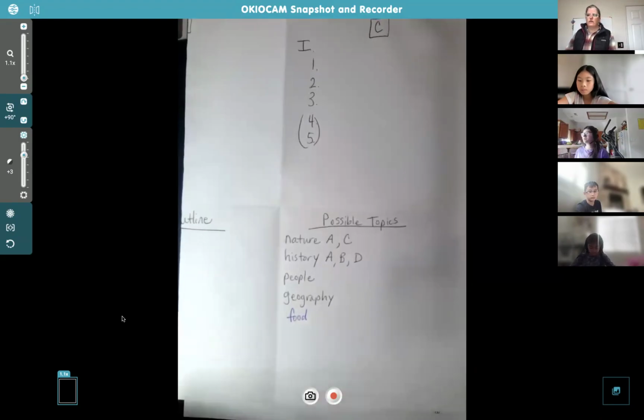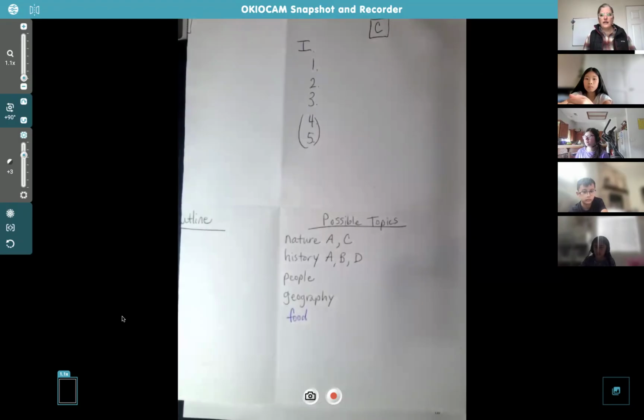So look at both articles, pick two articles, just two, and look at the part that talks about the culture and start underlining some facts about their culture. It might include things like holidays or celebrations or religion. It might talk about that. Okay, so go ahead and start underlining things about their culture.